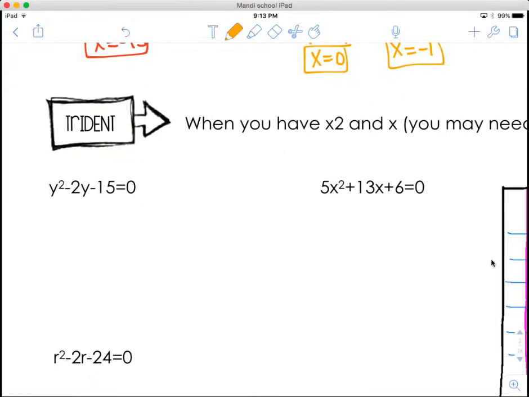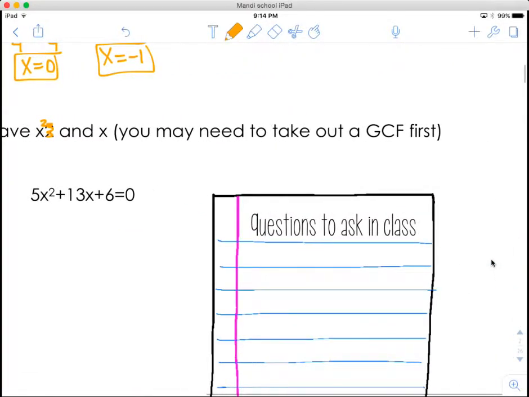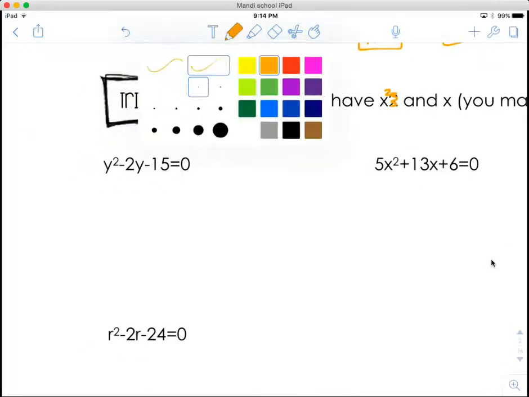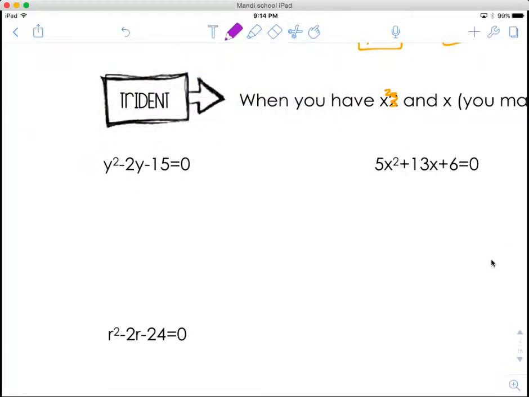Okay, the last one, when you have an x squared and an x. As a reminder here, you may need to take out a GCF first, so always check and see if the GCF is there. So just like we did with the trinomial before, you take the first times the last, 1 times 15 is 15. List our factors.